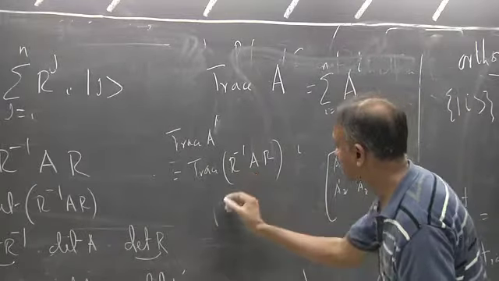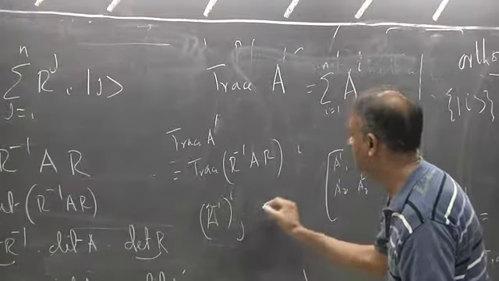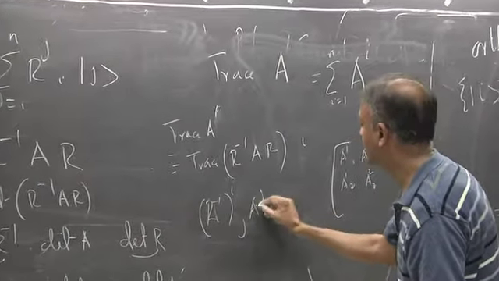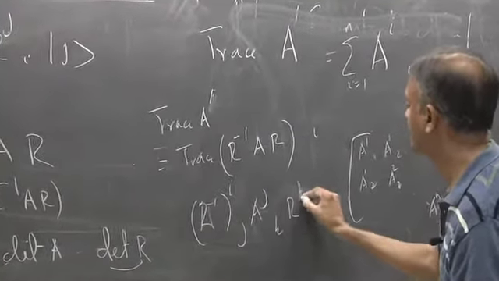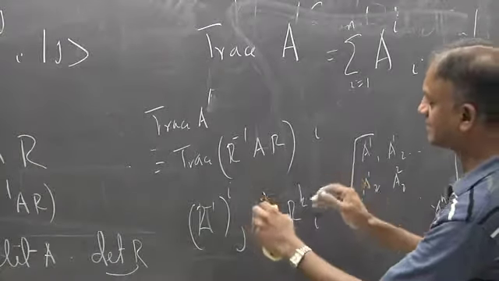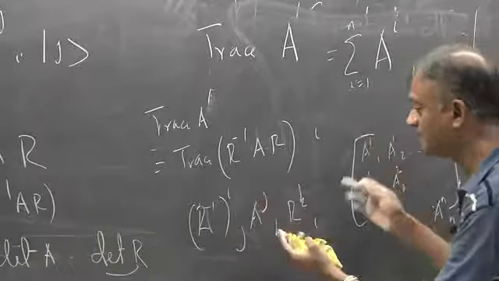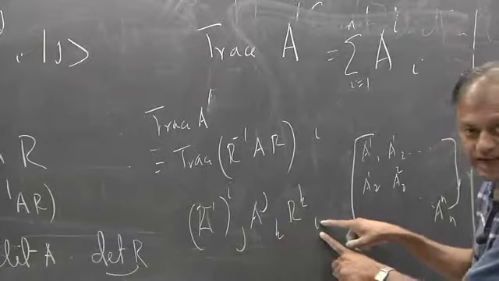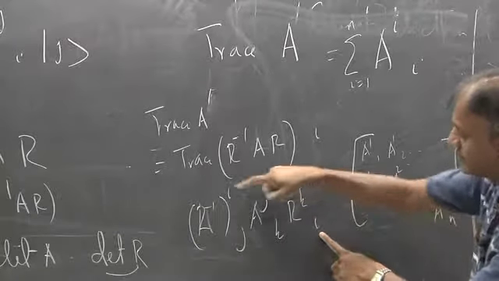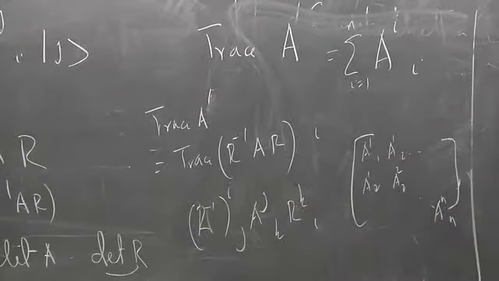By definition this is R inverse IJ, AJK and RKI. This product of matrices, if I look at the ith row and some lth element, would be simply this, with this being L. But finally, I have to identify the two indices and add them up to compute the trace.